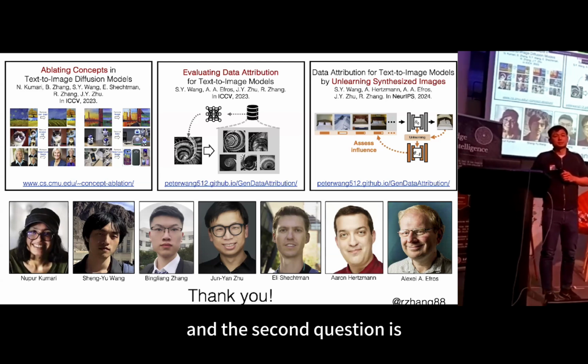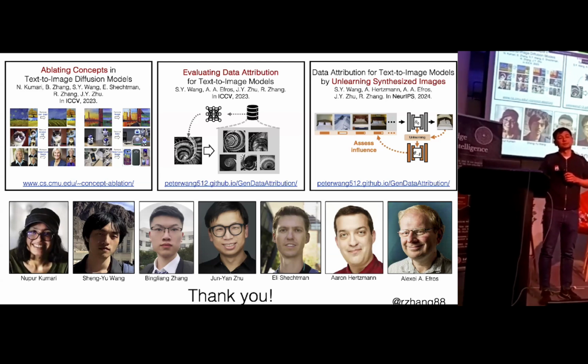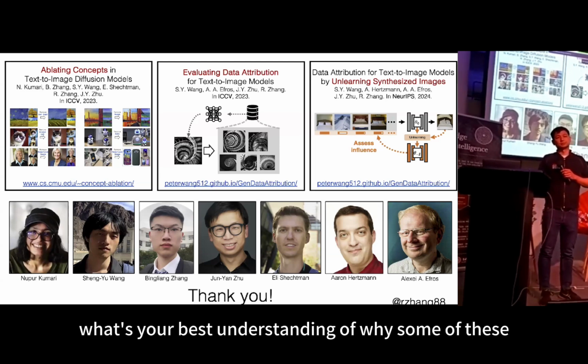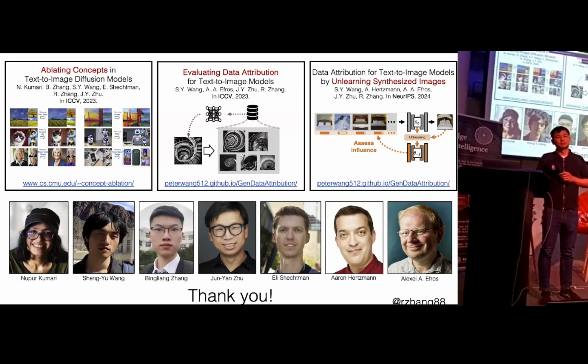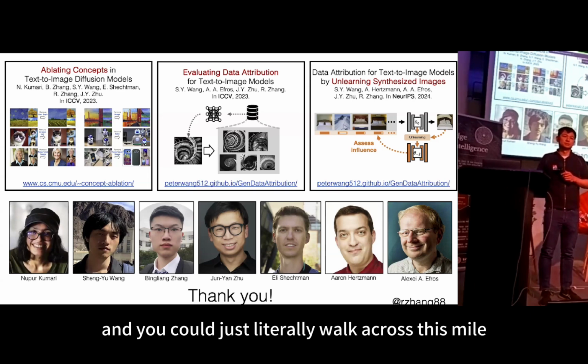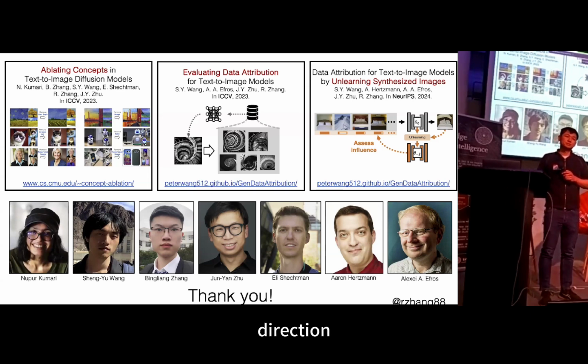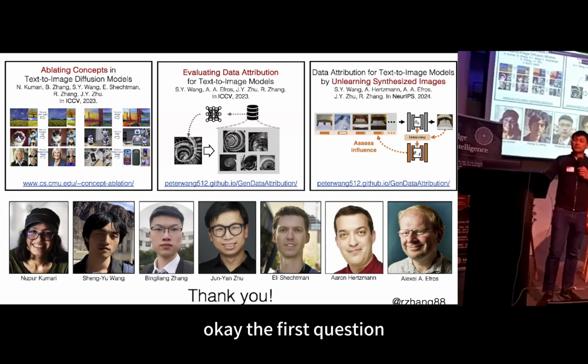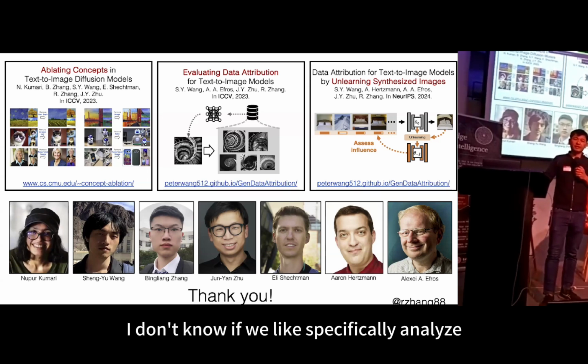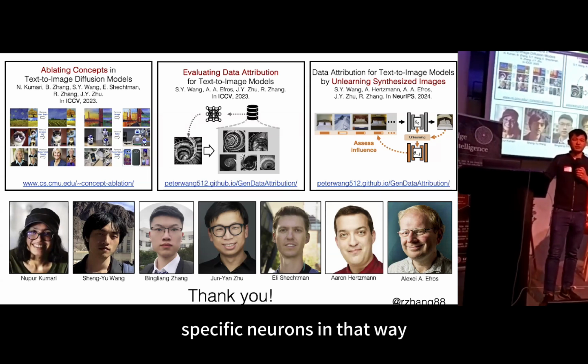And the second question is, what's your best understanding of why there's a linearity in the latent space? Like there's a smile direction. Maybe this is more true in GANs, and you could just linearly walk across the smile direction, and it just smiles more. Okay, the first question, I don't know if we've specifically analyzed specific neurons in that way.